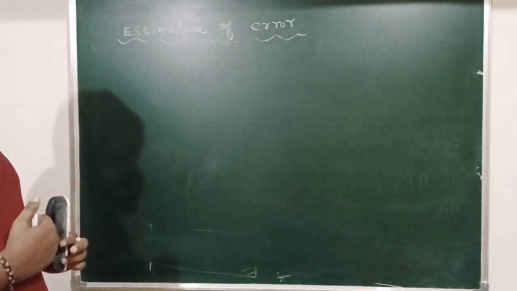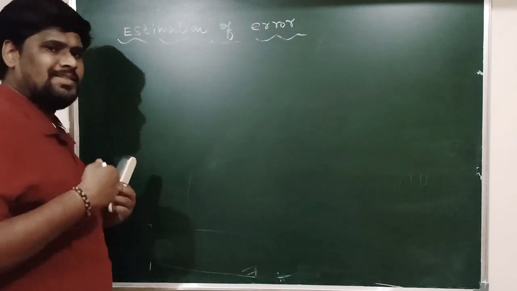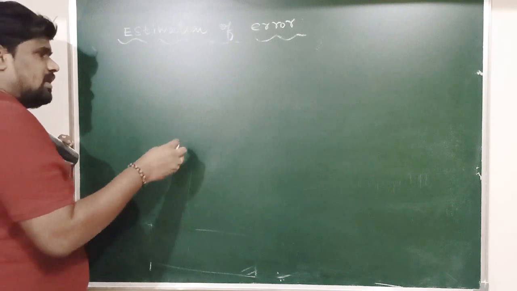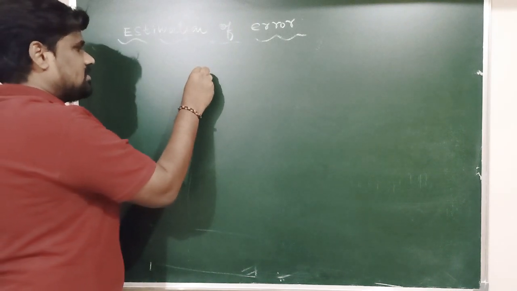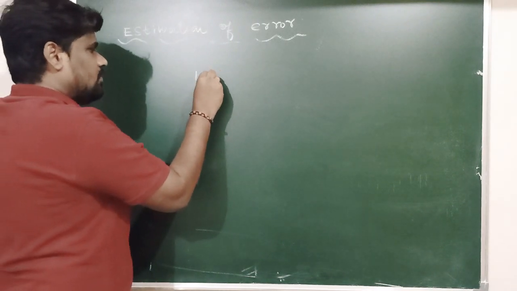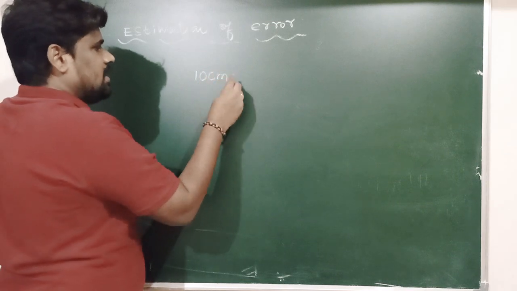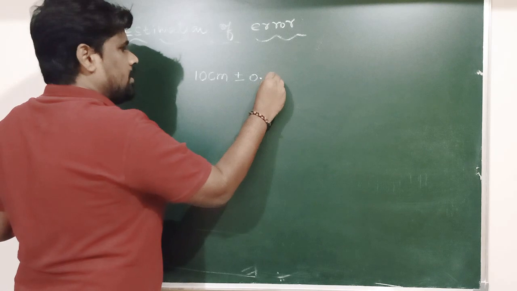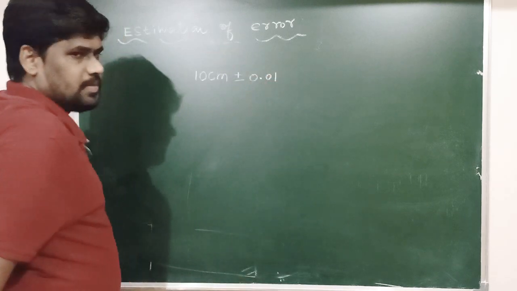Suppose you are asked to measure the length of an object, and you report the answer as, for example, 10 centimeter plus or minus 0.01 centimeter.